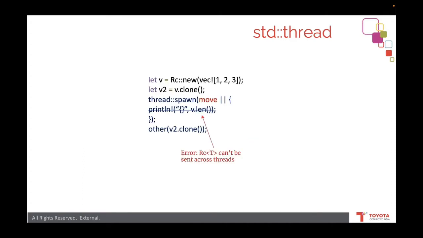So if we want to share the data like the vector 1, 2, 3 between the main thread as well as the child thread, then we can use the reference count type, Rc type. So Rc is a technique where we generally store the number of references or pointers.